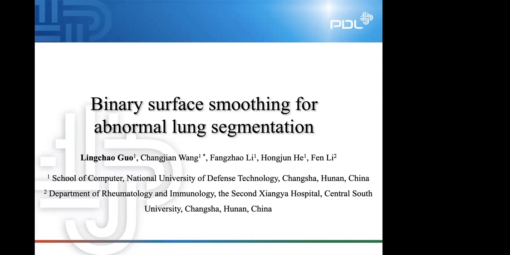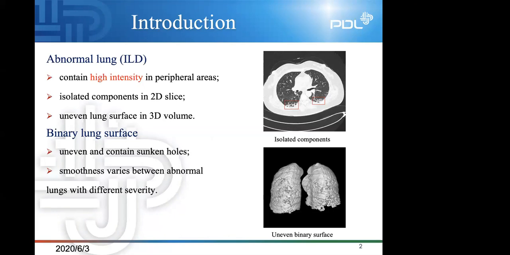Okay. Hello, everyone. My name is Lin Chao Guo from National University of Defense Technology, China. The title of my presentation is Binary Surface Smoothing for Abnormal Lung Segmentation. Accurate lung segmentation in HRCT is important for lung disease diagnosis.